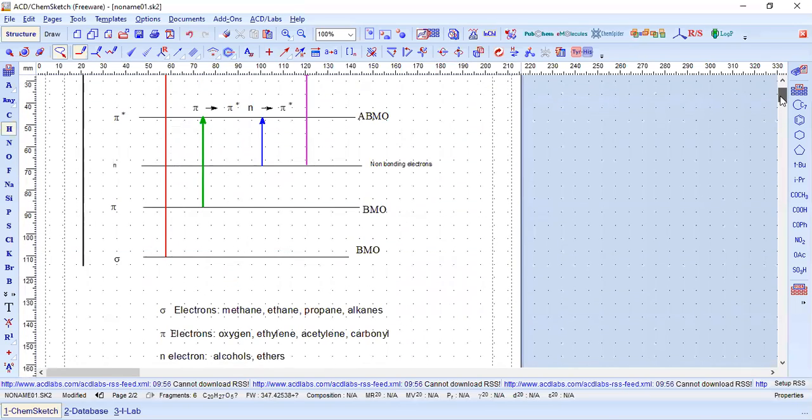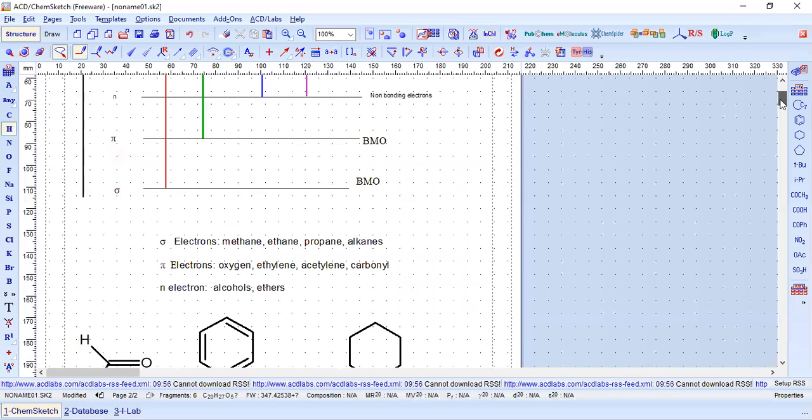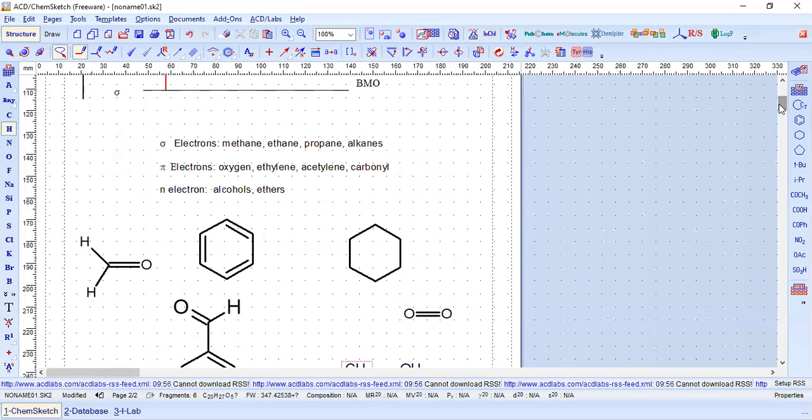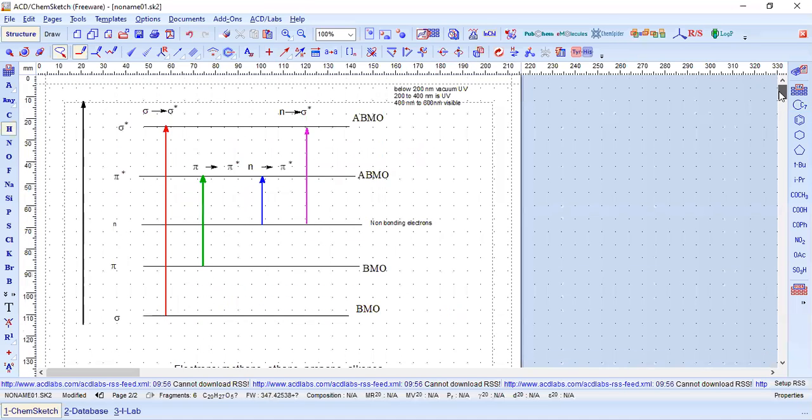I have discussed one important thing in the introduction to quantum chemistry. Why is the tomato red? Why is this carrot orange in color? This is the reason. Because of these electronic transitions, the carrot is orange. What type of electronic transition does it have? Pi to pi star electronic transition.